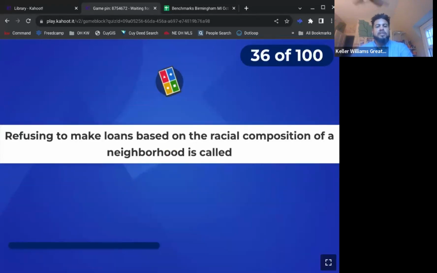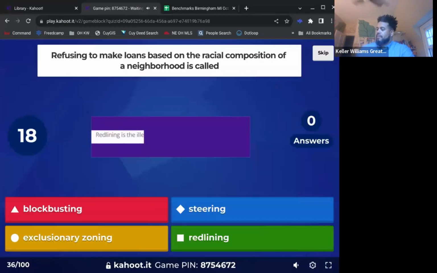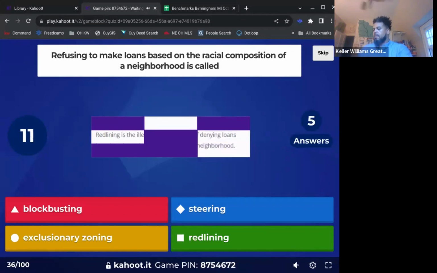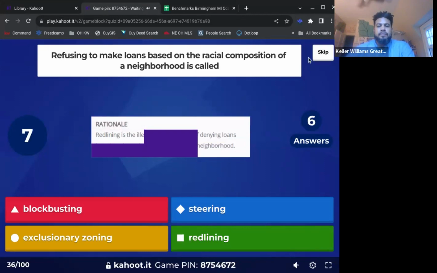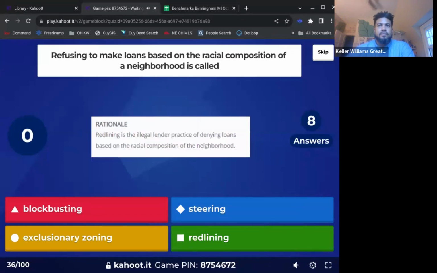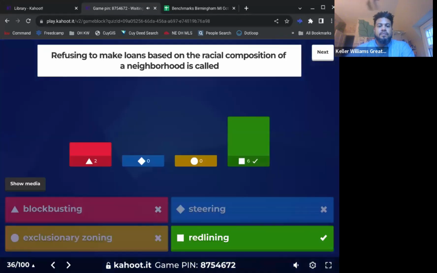Refusing to make loans based on the racial composition of a neighborhood is called... I always get some blockbusting on here.